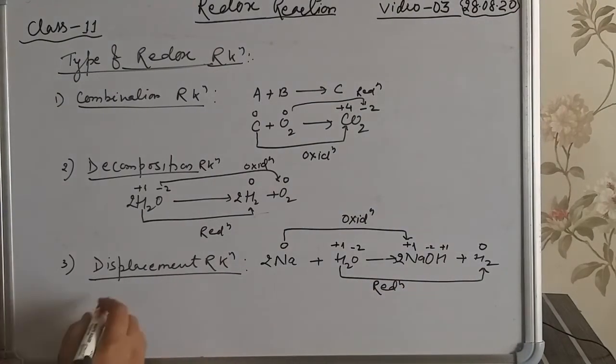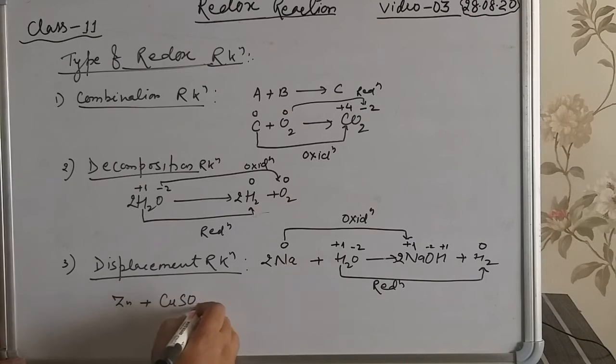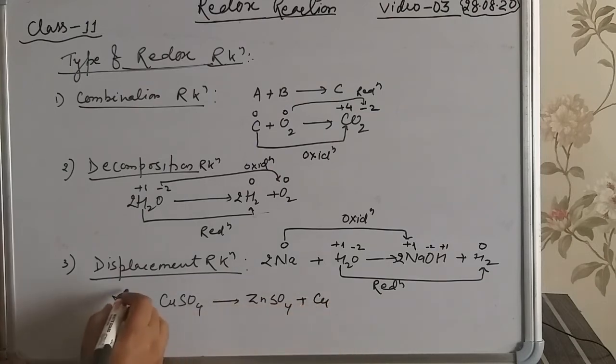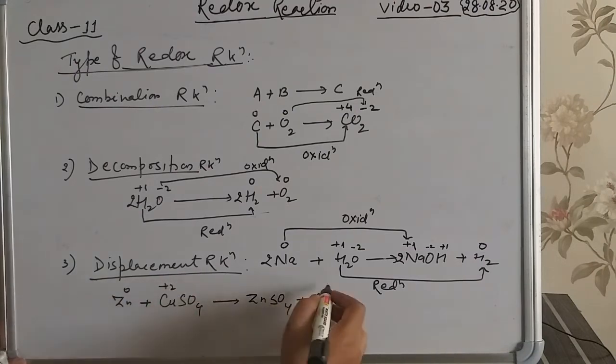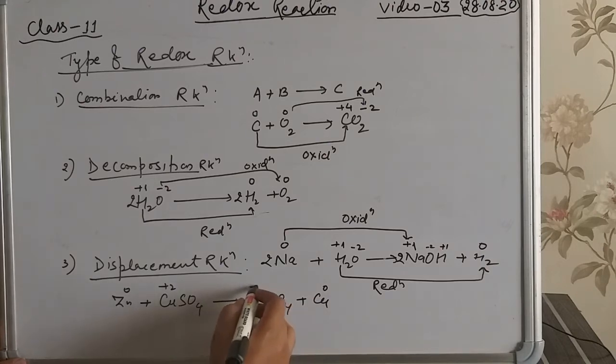And if zinc is dipped in copper sulfate solution, displacement also takes place because zinc is more reactive than copper, so it displaces copper from copper sulfate solution and forms zinc sulfate and copper. Now zinc is 0, and in copper sulfate copper is in the +2 oxidation state, which displaces from this, and zinc becomes +2.